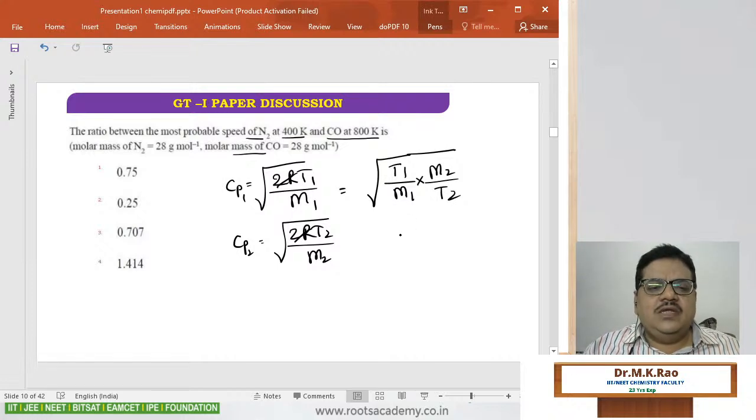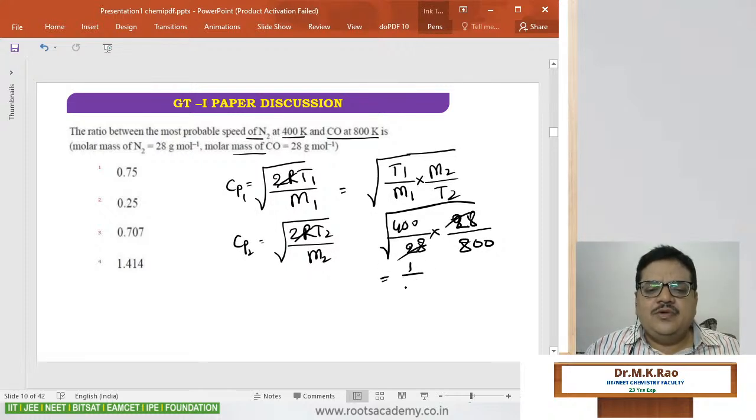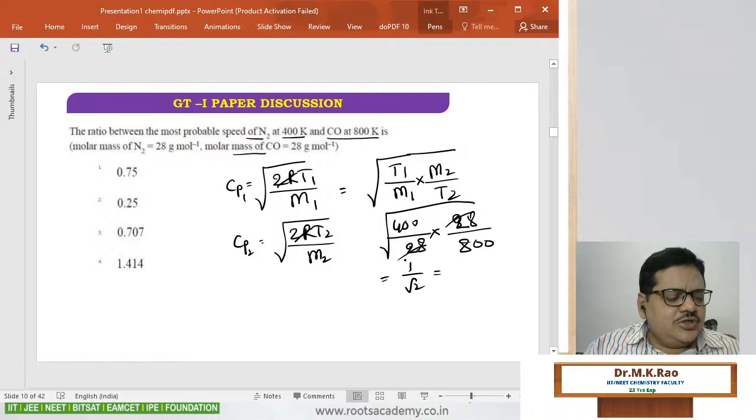T1 is given as 400, molar mass of nitrogen is 28, molar mass of carbon monoxide is 28, and the temperature is 800. So you can cancel, and it will be 1 by root 2.